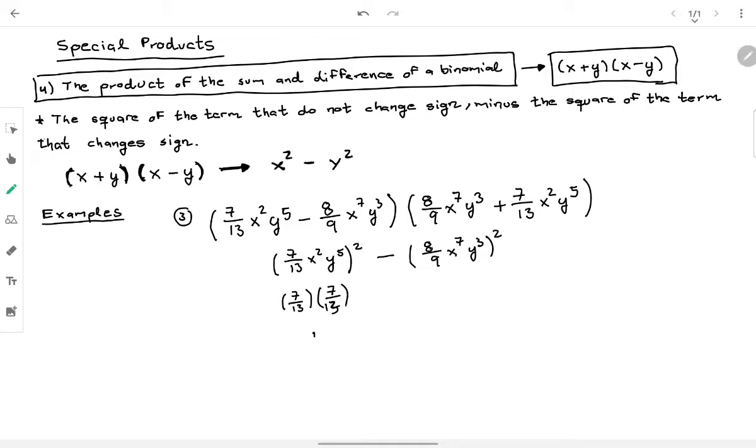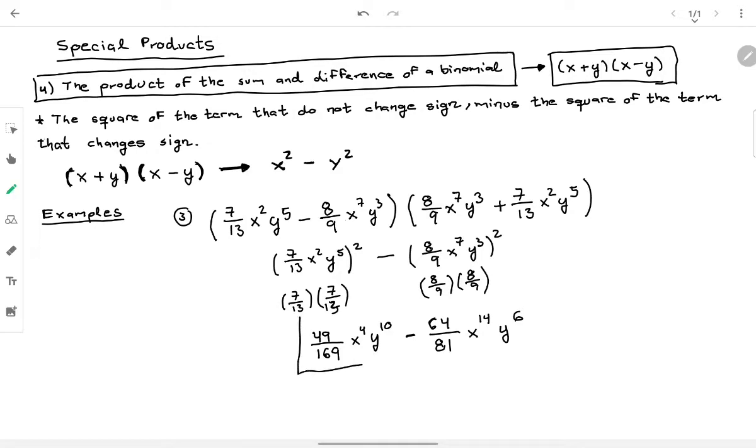So it will be 49 over 169, that is 13 multiplied by 13, x to the 10th, y to the 10th, minus 8 ninths multiplied by 8 ninths, so it will be 64 over 81, x to the 14, y to the 6.